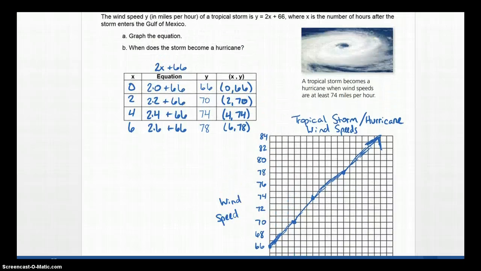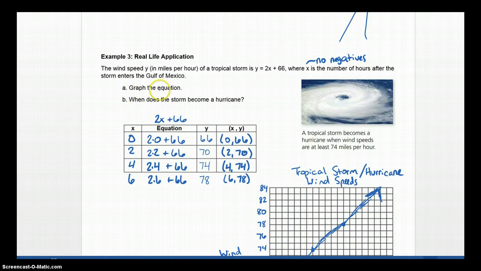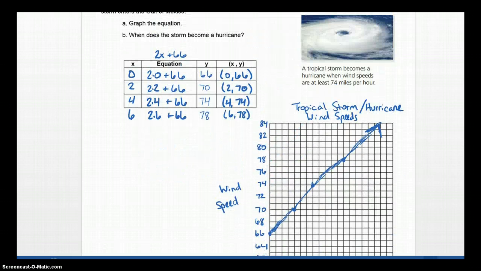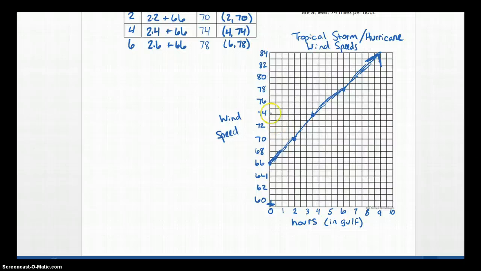Now we haven't answered our question. If we go back up to question B, we graph the equation. When does the storm become a hurricane? Right here it said when the wind speeds are at least 74. So if we use our graph, or we could use our table right here, at 74 we are at what point?